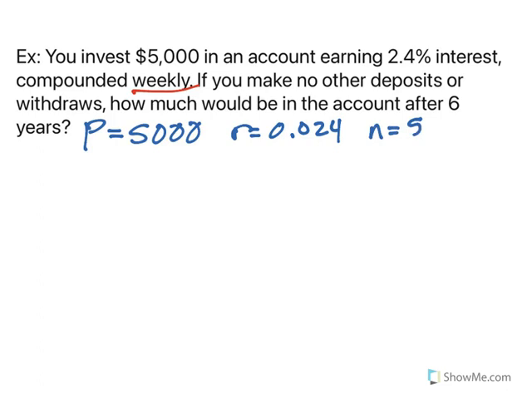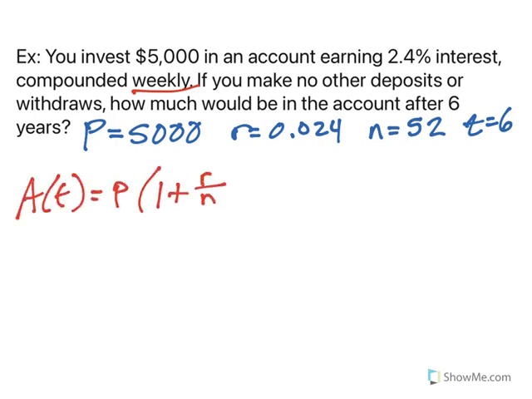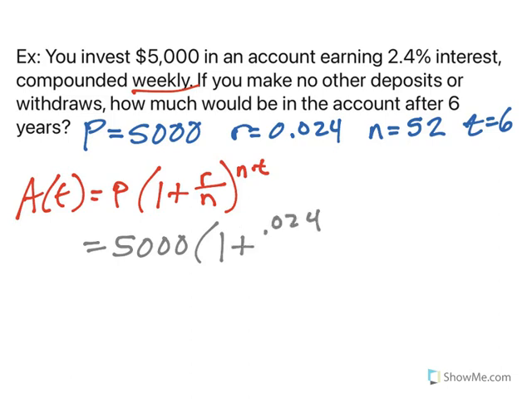That means there are 52 weeks in a year, and the time is 6 years. So when I'm looking at my formula, A sub t equals P times 1 plus r over n raised to the n times t, I substitute my values in. 5,000 times 1 plus 0.024 all over 52 raised to the 52 times 6 power.